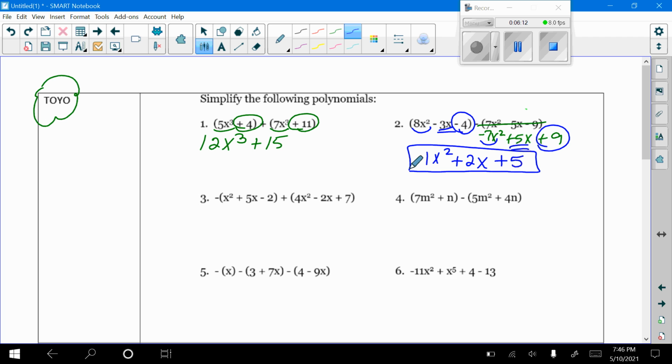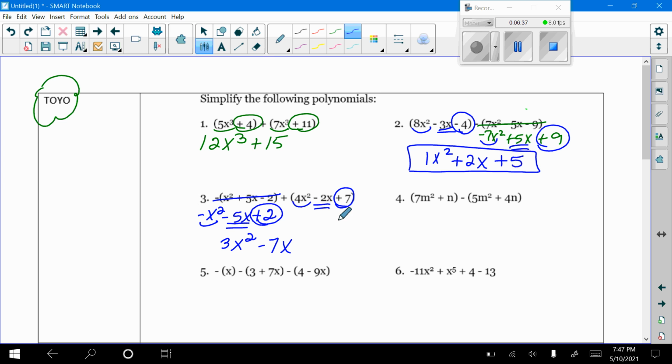Number 3, I need to distribute the negative to this first set of parentheses. So negative x squared minus 5x plus 2. And I'm going to add that to the 4x squared plus 2x plus 7. So I have negative 1x squared plus 4x squared is 3x squared. Negative 5x and negative 2x is negative 7x.